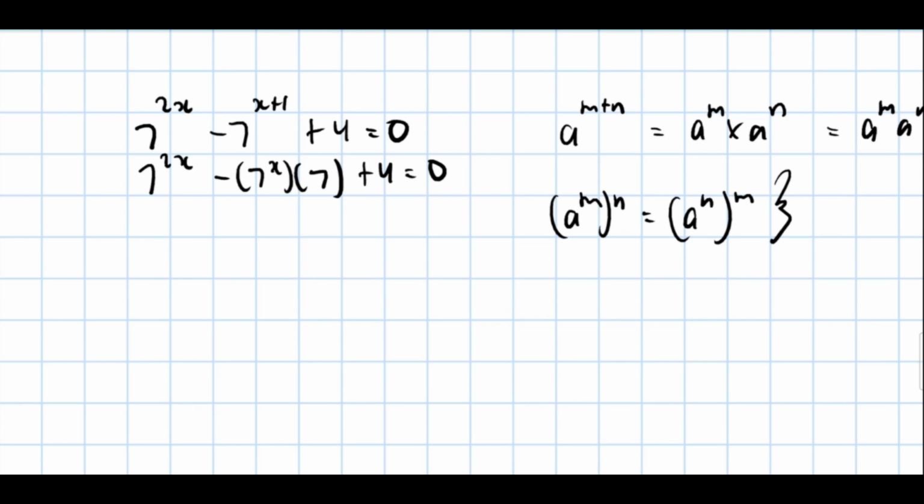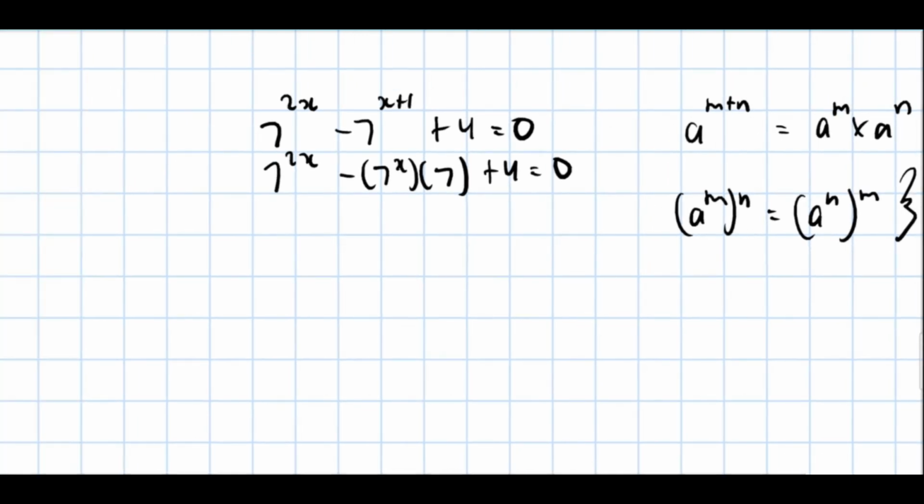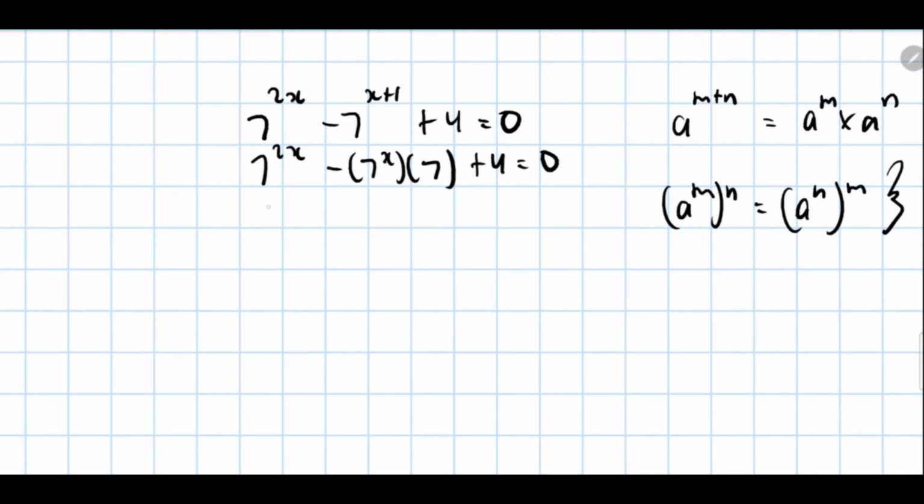So I have to rearrange the power so that I can substitute the dummy variable more clearly. So in this case, I will have 7 to the power of x, to the power of 2, then minus 7 to the power of x times 7 plus 4 is equal to 0.